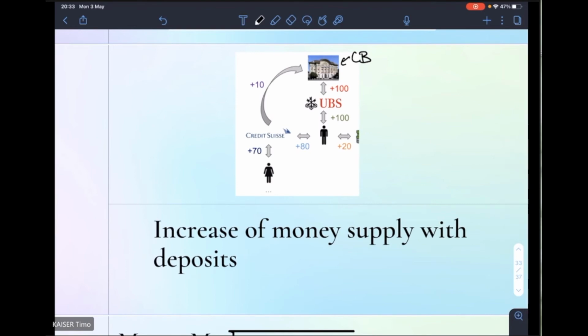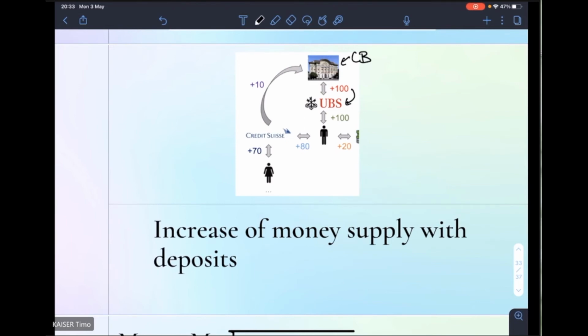I don't have a percentage right now, but let's say they have to put 100 less on their deposits at the central bank. Therefore, UBS, the commercial bank, receives 100, which is this initial money supply.